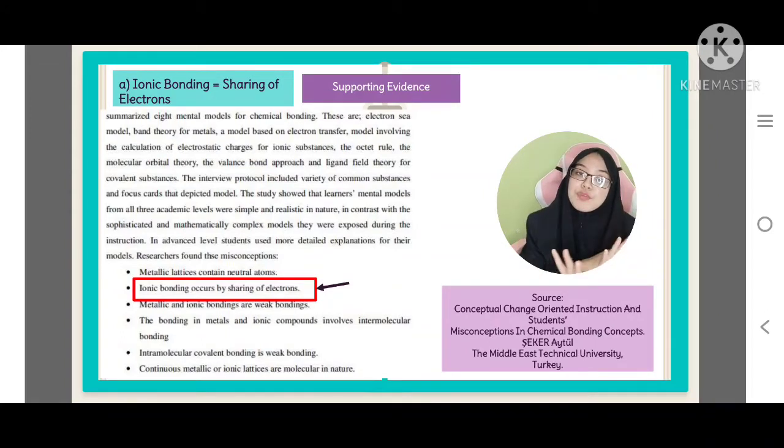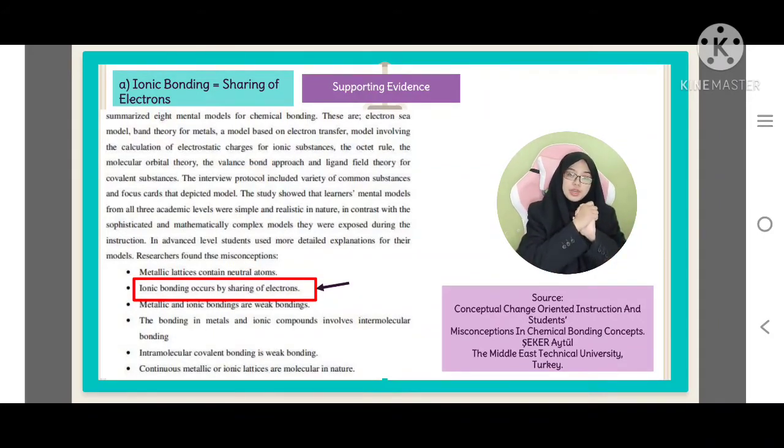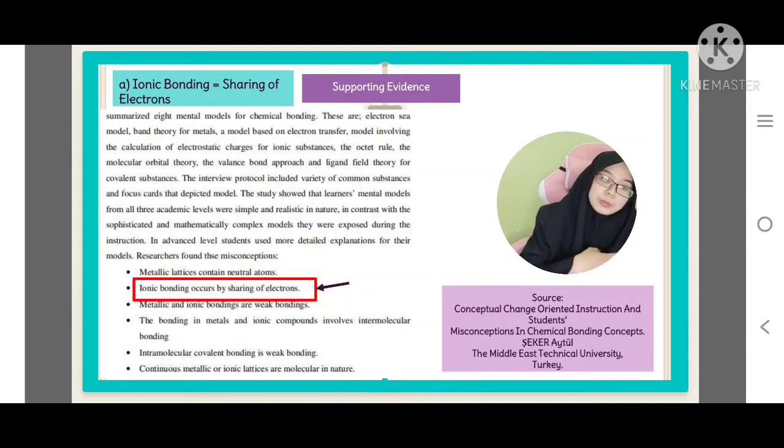So that's the full definition for the term ionic bond. Okay, so that's it. So we'll proceed to the next one, which is metallic bonds versus ionic compounds. So thank you.